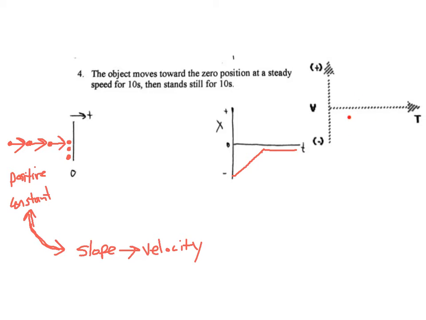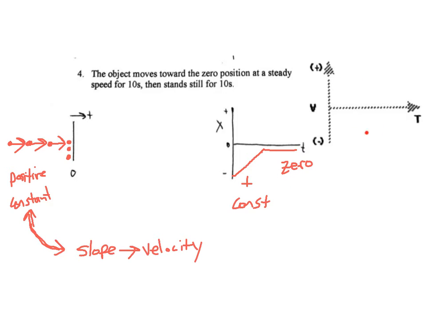Now, the VT graph. Again, how are we describing the velocity in this part? This part, velocity is positive and constant. How do we describe the velocity in this part? 0. So the velocity is positive and constant in the first part. It is 0 in the second part.